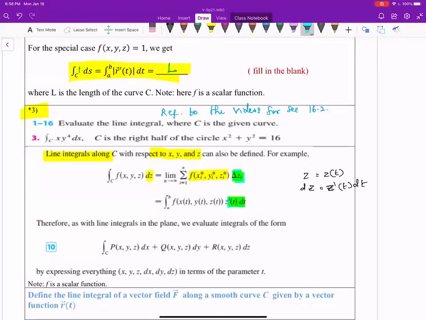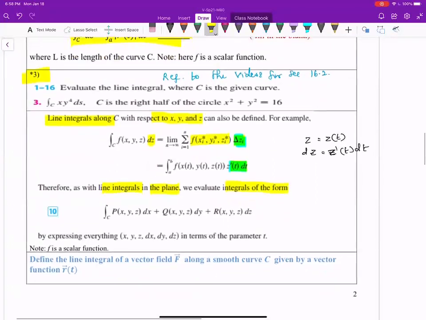So it is the integral from a to b of f of x of t, y of t, z of t times z prime t dt. Therefore, as with line integrals in the plane, we evaluate integrals of the form integral over C of P of x, y, z dx plus Q of x, y, z dy plus R of x, y, z dz by expressing everything, x, y, z, dx, dy, dz, in terms of t.